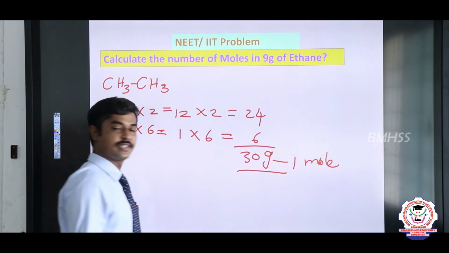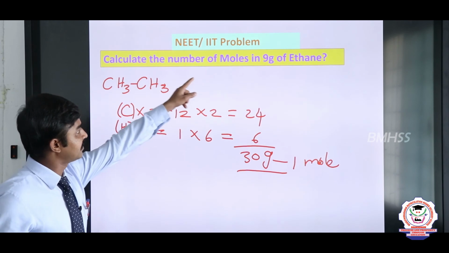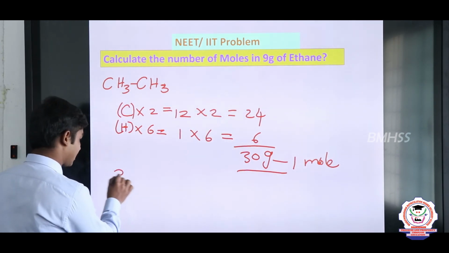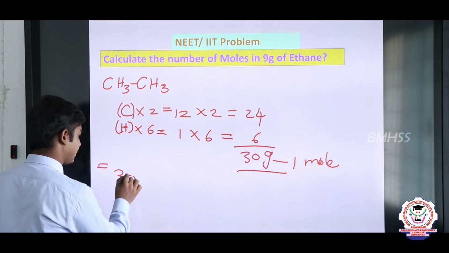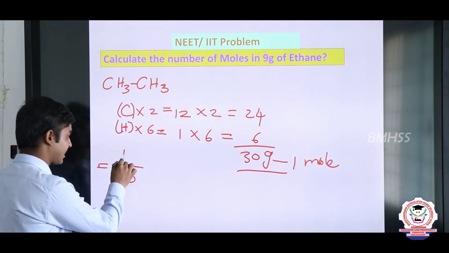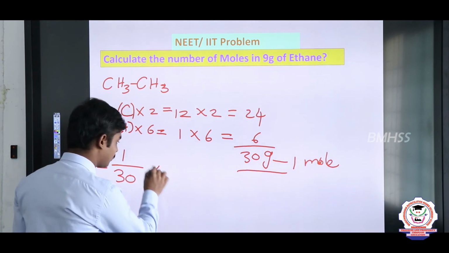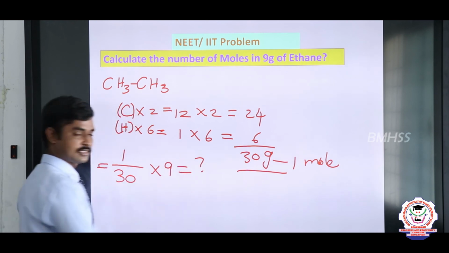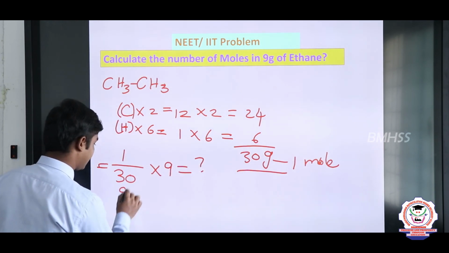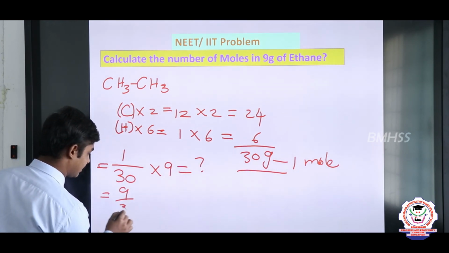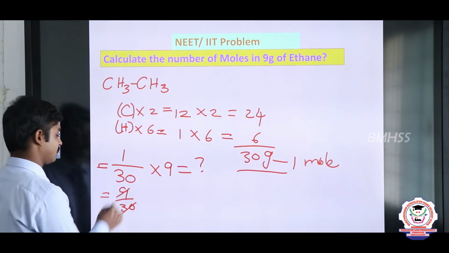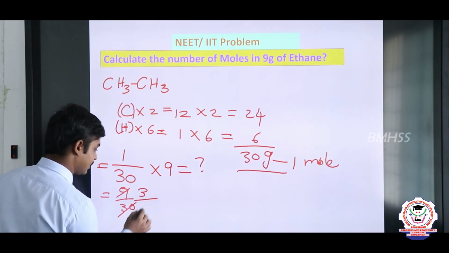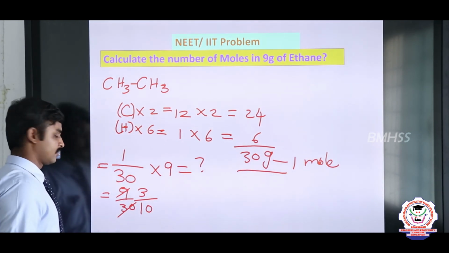For 1 mole of ethane, we get 30 gram. And here we have 9 gram of ethane. So the calculation is done by: 30 gram of ethane is 1 mole, so 9 gram of ethane is how many moles? It is a calculation. So 9 divided by 30, strike out the values by 3, 3 3s are 9 and 10 3s are 30.